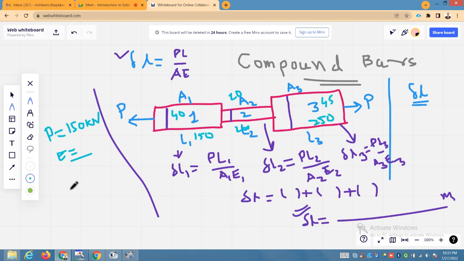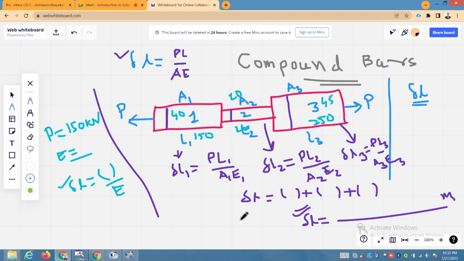Whatever the change in length you will get here, P you know, 150 kilonewtons, length you know, area you can calculate, so you will get change in length in terms of E. If the value of E is not given, and the objective is asked in the GATE exam, you clearly calculate these values and you will get the change in length in terms of E, no problem.